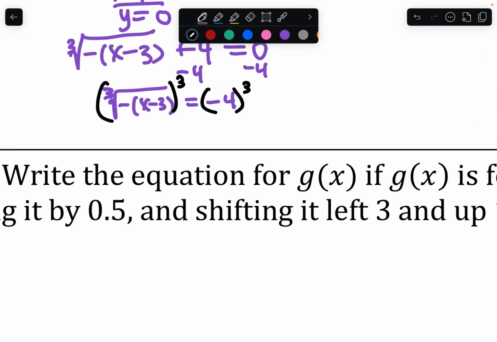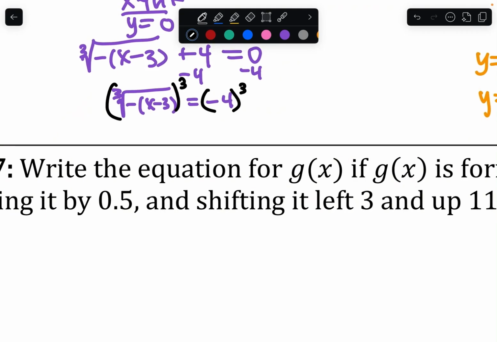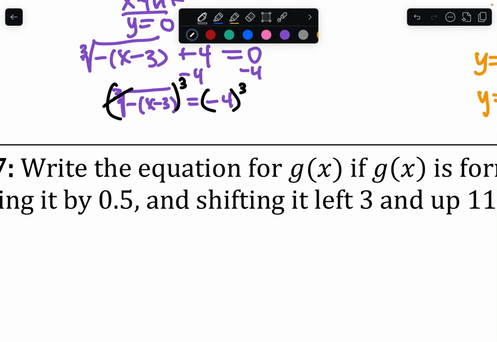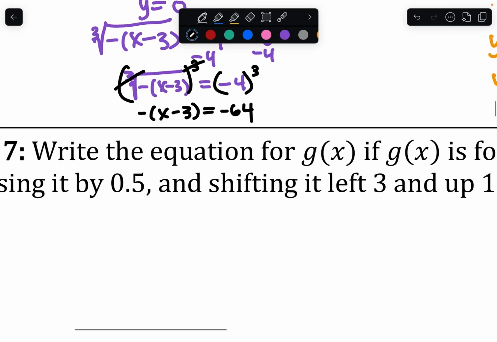Okay, and then remember, cube roots can equal negative. If I had square root equals negative, I would stop here and say no solution. But here we keep going. There's no domain restrictions. So that leaves me with a negative x minus 3 equals negative 64. Negative 4 cubed is negative 64. And then here we have a negative outside.